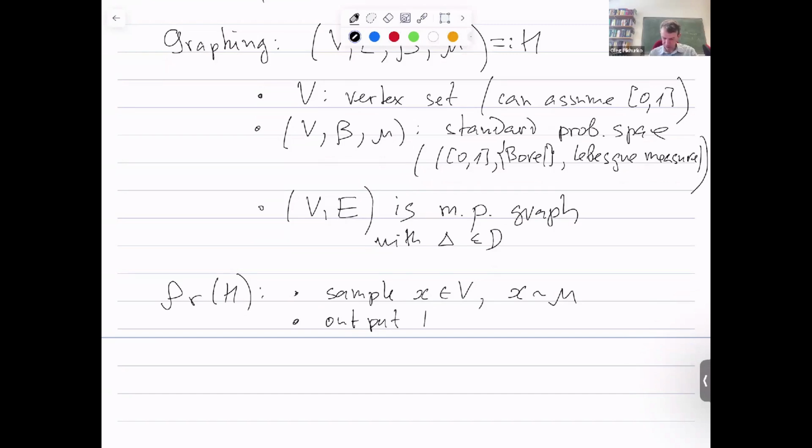So what I do, I take a ball, I look at my graph, which is VE, root is X, and I just go distance r.